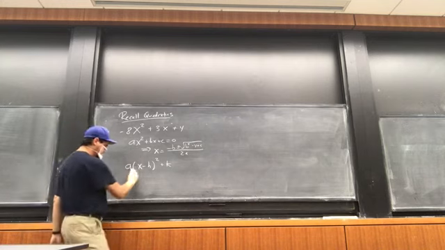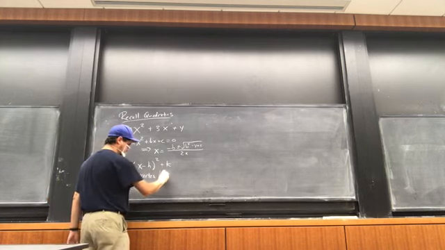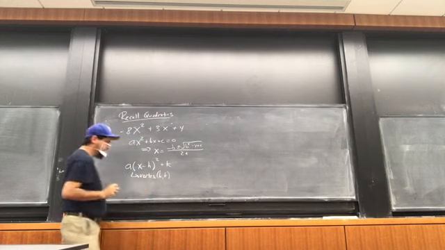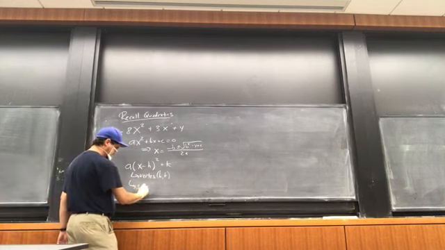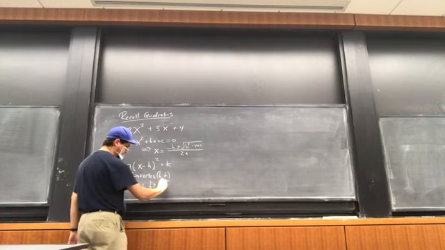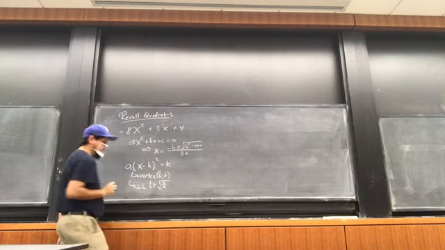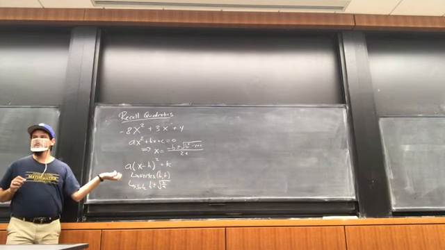The vertex is (h, k). And then if you want to solve, it's just going to be h plus or minus the square root of negative k over a. So for a lot of purposes, this is a more convenient form of the quadratic to look at.